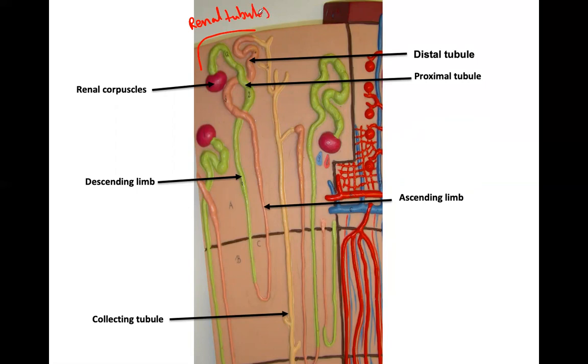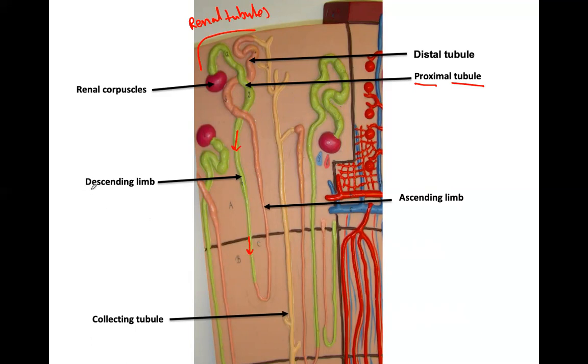Now, what are the specific segments? The part that is directly connected to the renal corpuscle, that first region, is called the proximal tubule because it's closest to where the filtration takes place. If you imagine, urine starts to go down, the filtrate starts to go down, so it's descending.